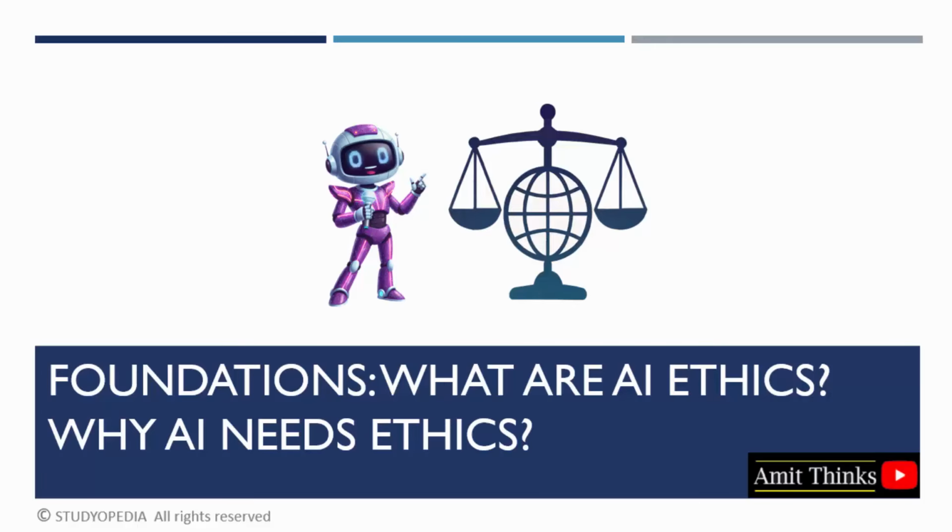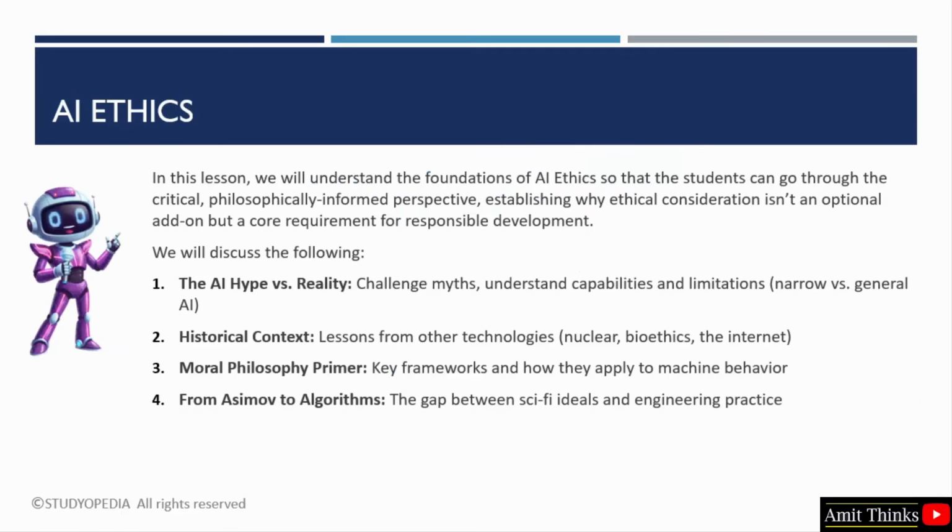So let us start. In this lesson, we will discuss the following so that we can understand the foundations of AI ethics. It includes the AI hype versus reality: challenge myths and grasp what AI can and can't do, especially the difference between narrow and general AI.